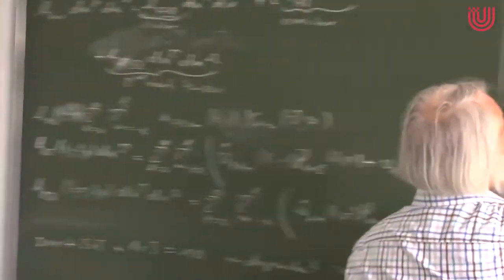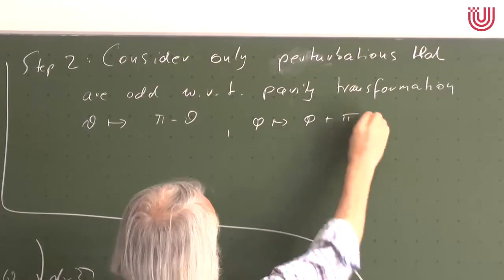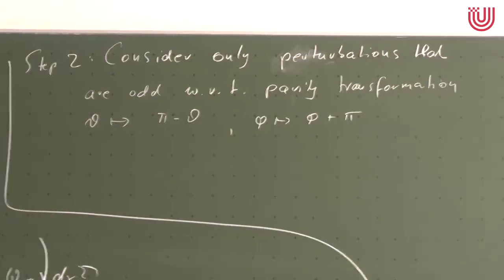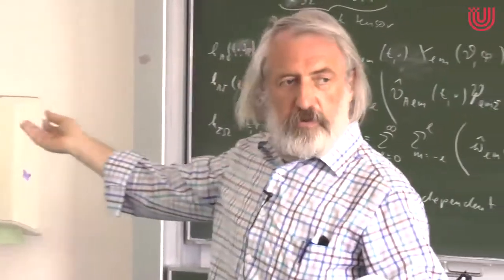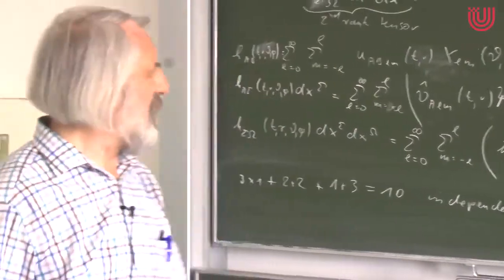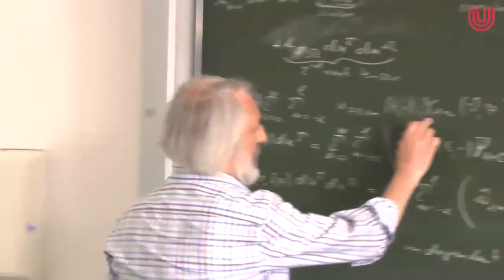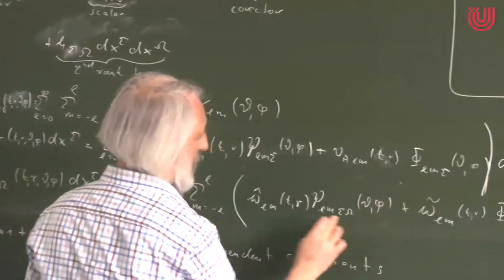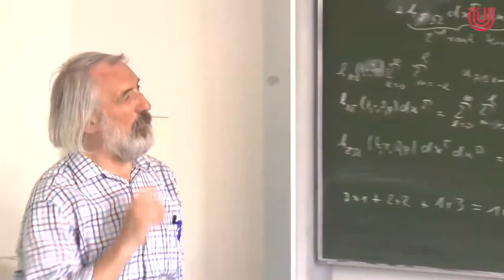And phi is replaced by phi plus pi. So I first reflect at the equatorial plane, and then I rotate by 180 degrees. Both things together give me a spatial inversion. So that's a transformation. And now we have to see how our basis vectors behave, all these animals here. The Y_LM, the psi, the phi, the chi, how do they behave under this transformation?